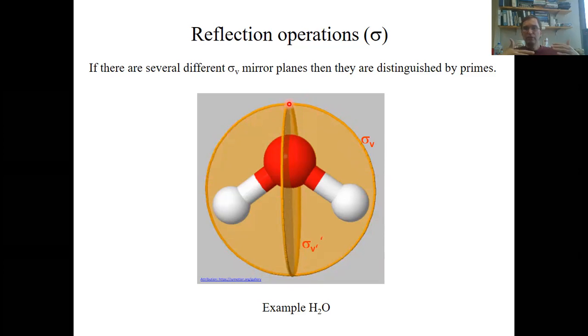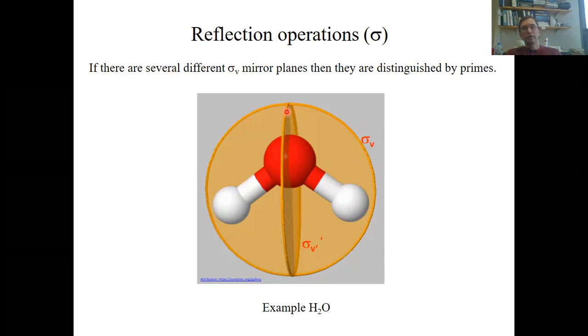They perform different jobs. That can be, for instance, seen by the fact that this mirror plane here does not move the atoms at all, while this mirror plane here swaps the two hydrogen atoms. Okay, so certainly they are not conjugate, so we must distinguish them by primes.